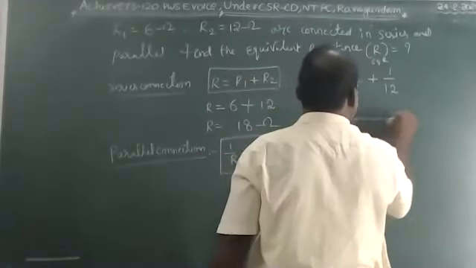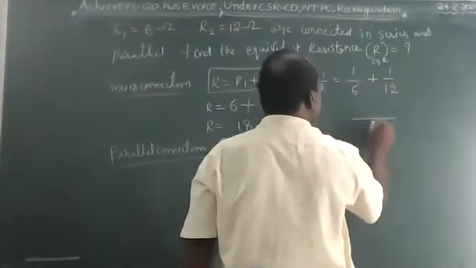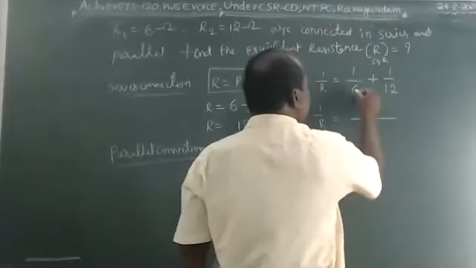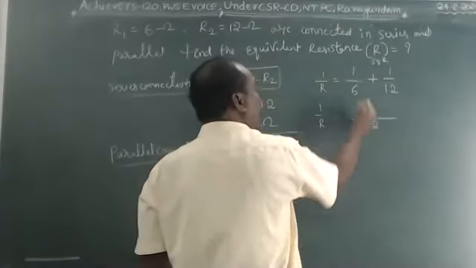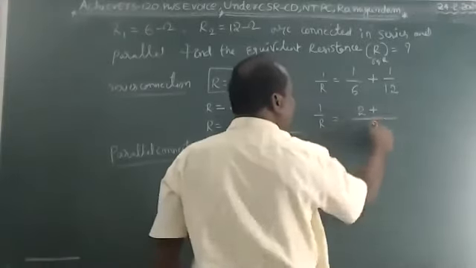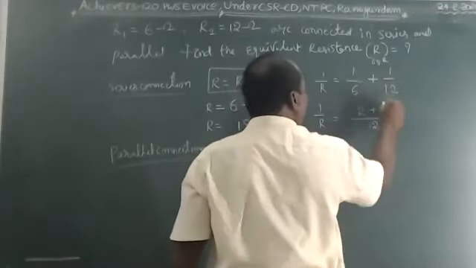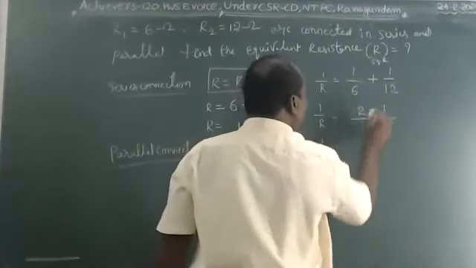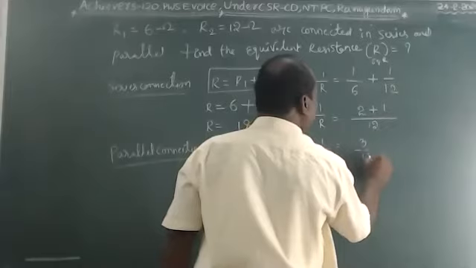Take the LCM. The LCM of 6 and 12 is 12 only. 6 2s are 12, so 2 1s are 2. Plus 12 1s are 12, so 1 1s are 1. So then 1 by R equals 2 plus 1 makes 3 by 12.